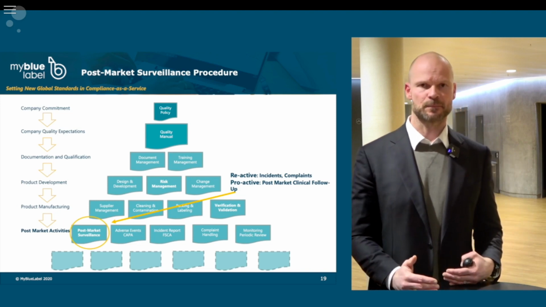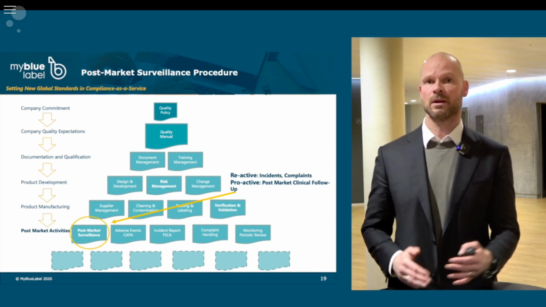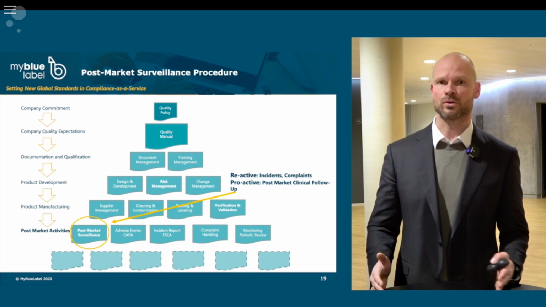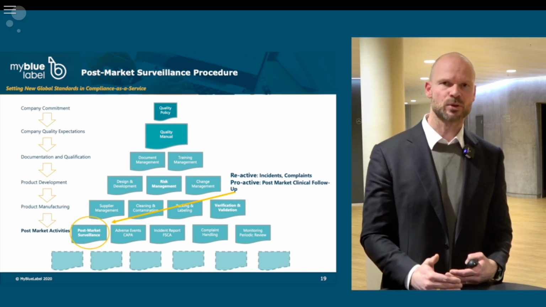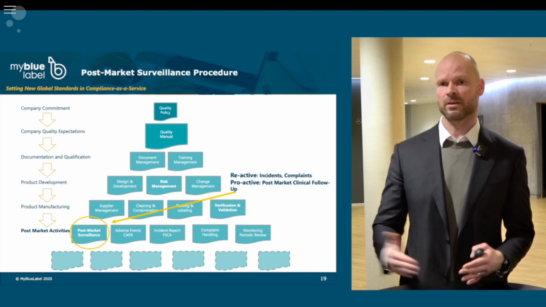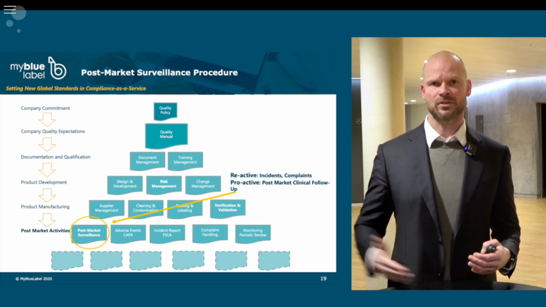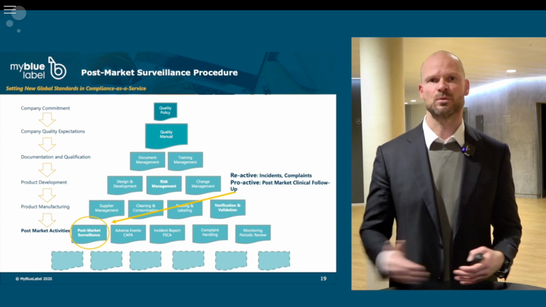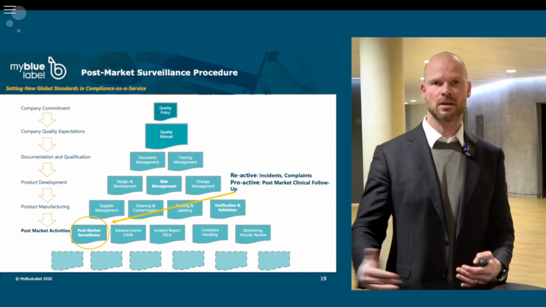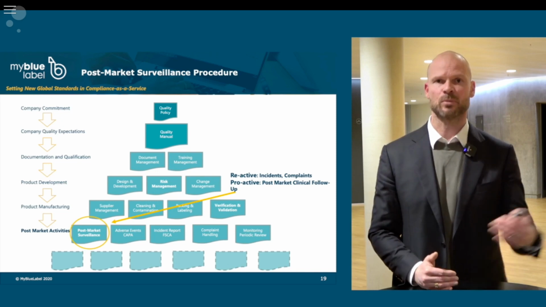Proactive post-market surveillance means that you would possibly have a control group that you continuously monitor while they're using your product long term. Because when you put your product on the market, usually you don't spend too much time on clinical tests. So what you want to continue doing is monitoring a group long term, so you can get the feedback and make corrections before the incident occurs in the patient population.